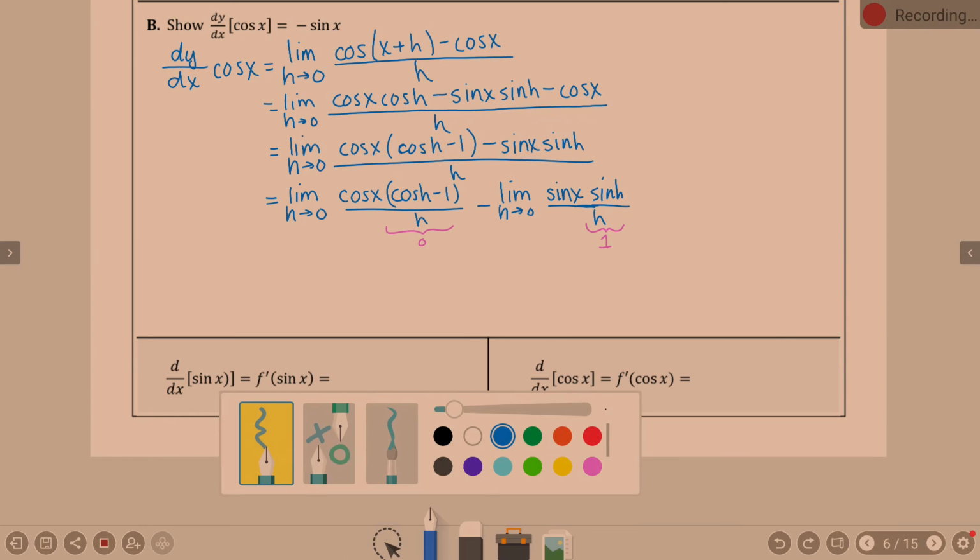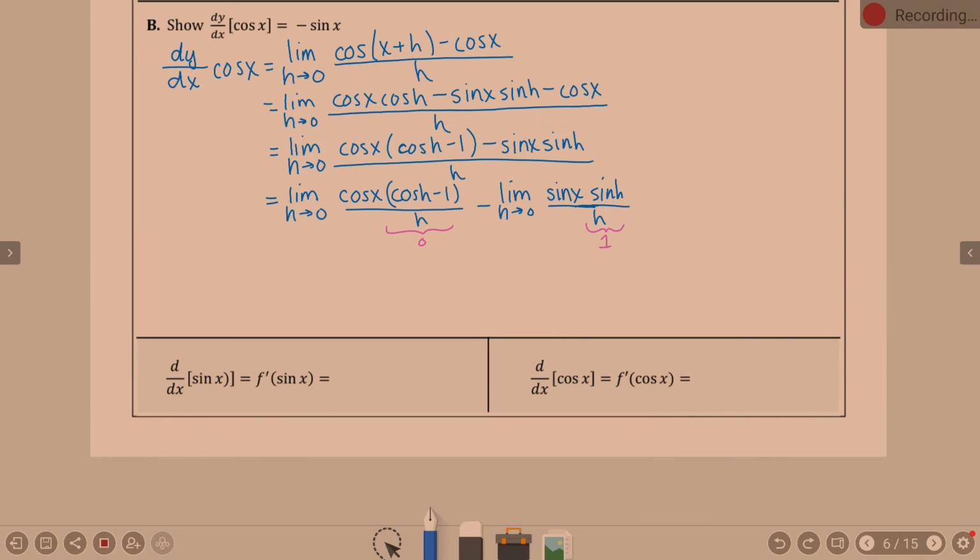So, as I put 0 in for h, cosine x times 0 minus sine x times 1. 0 minus sine x. So the derivative of cosine x is negative sine x. Okay?